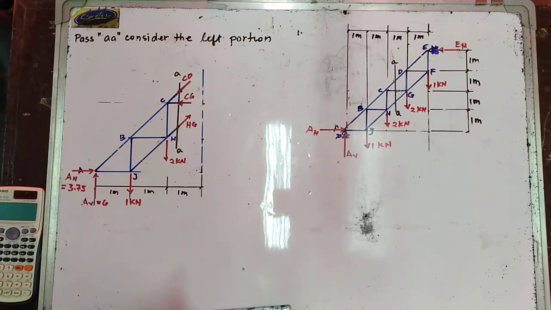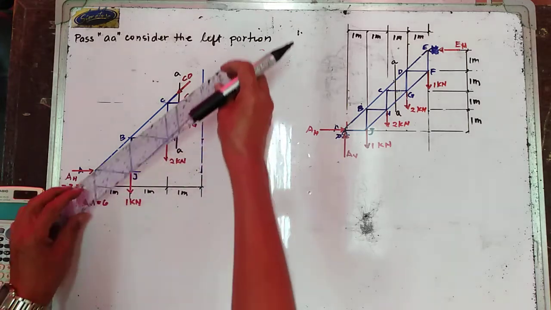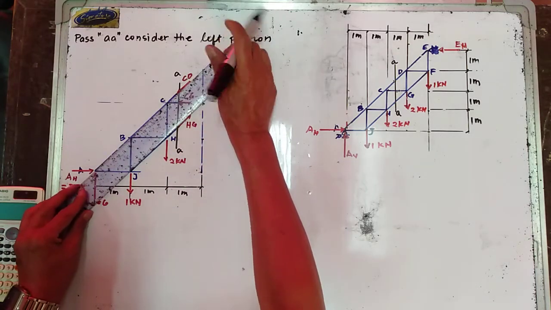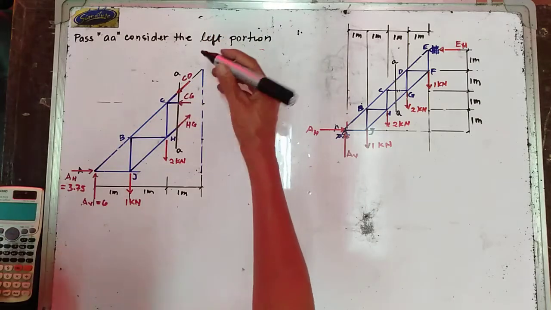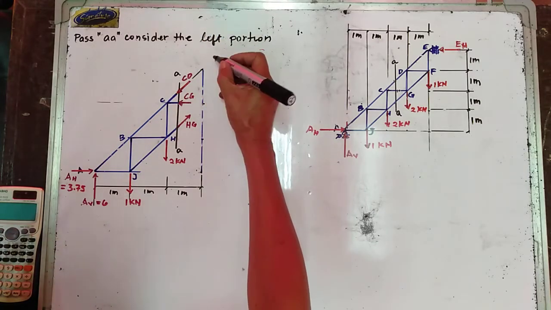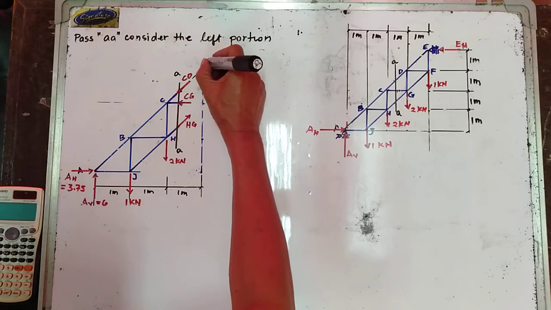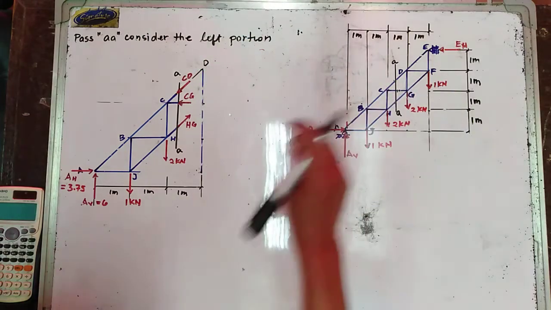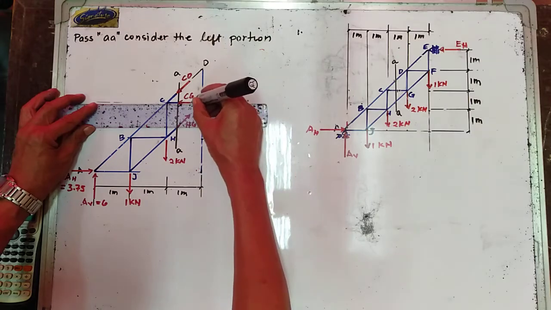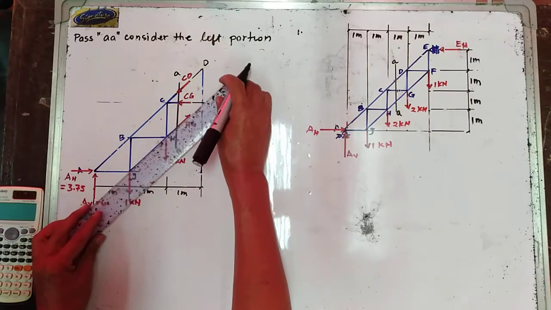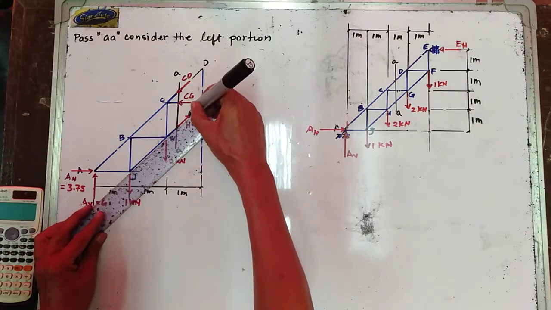Now, if I am going to prolong their line of action, this will be your point D. So that is now your point D. So the line of action of CG, and prolong the line of action of HG.